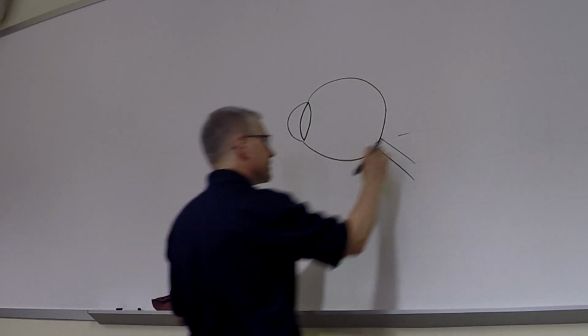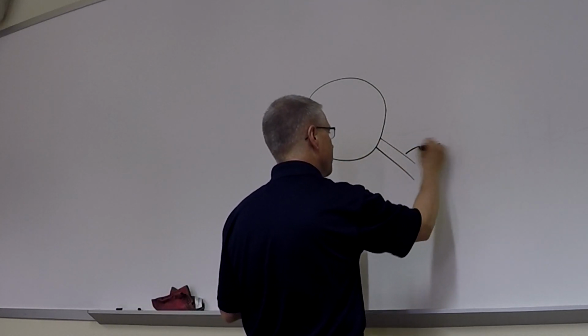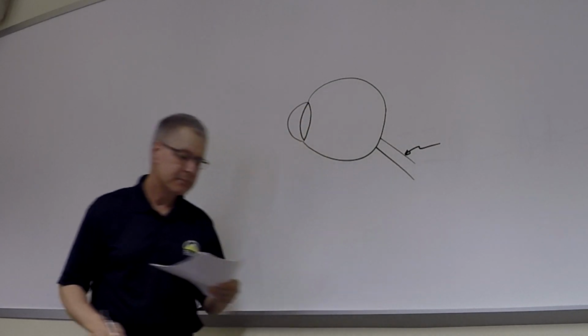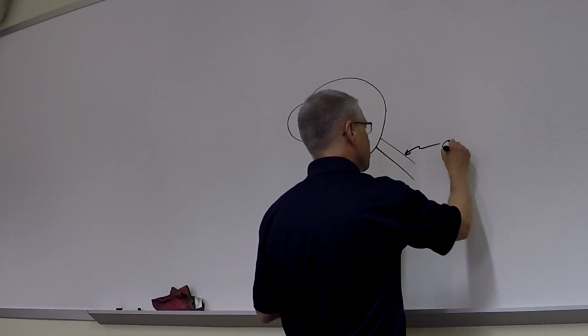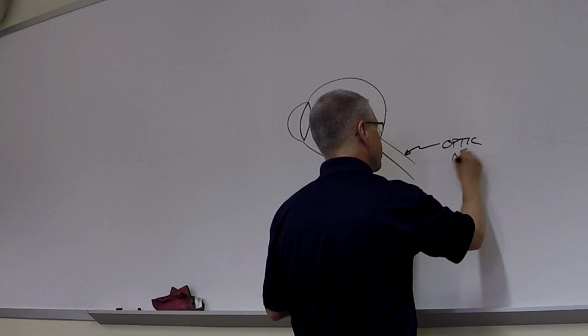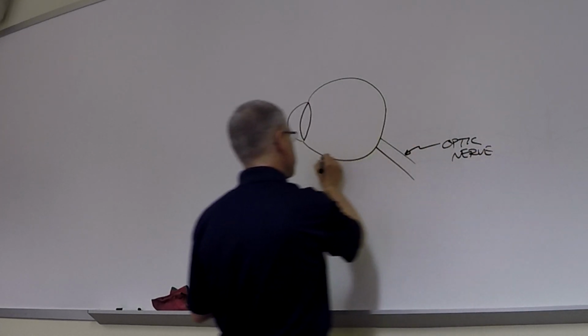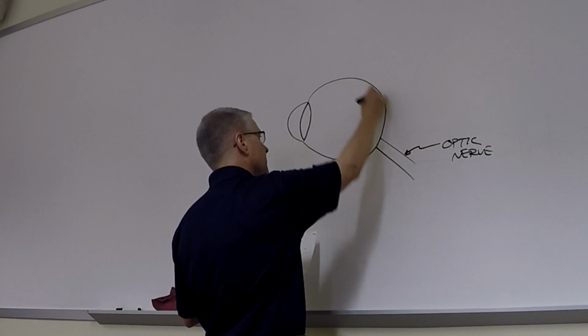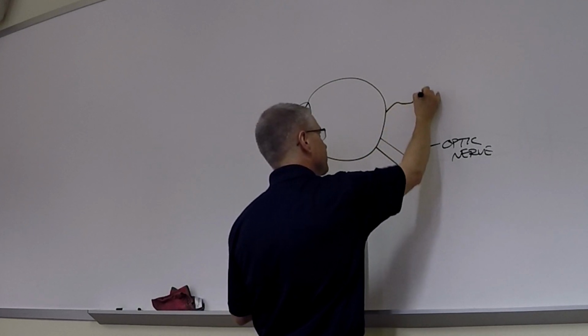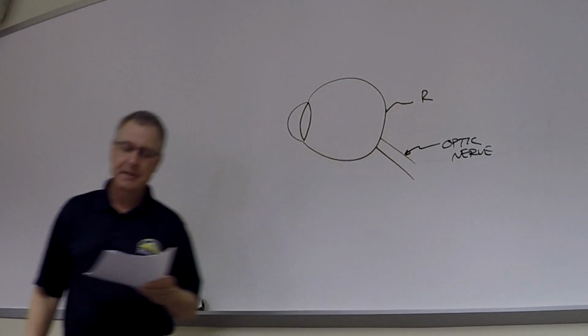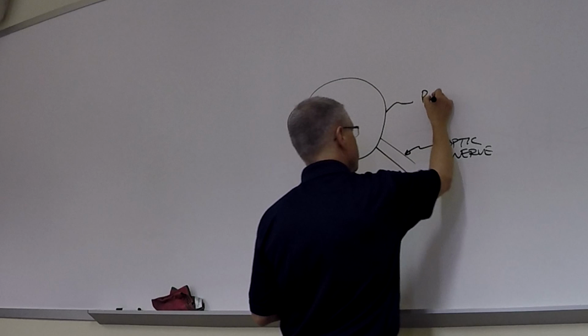Let's start back here. What's this thing coming out the back? That's the optic nerve. What's this stuff all back here? It starts with an arm. That's your retina. We'll get some more details here in a second.